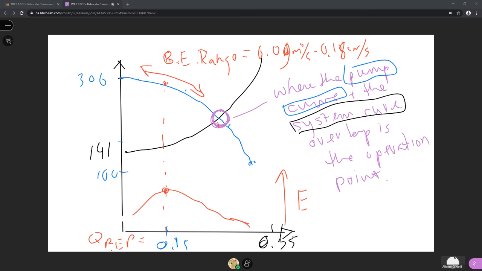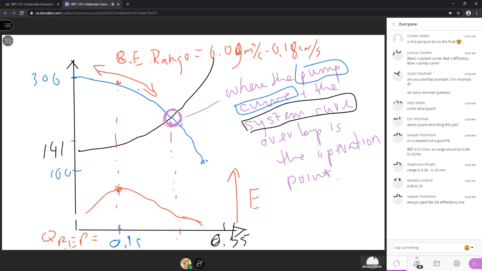So what's the flow rate here at our operating point? Stephanie's throwing out approximately 0.26. I would say it's probably closer to Wanda's number than Stephanie's.